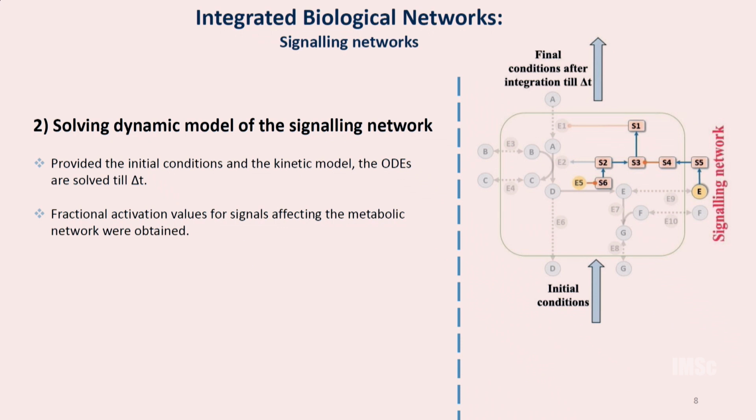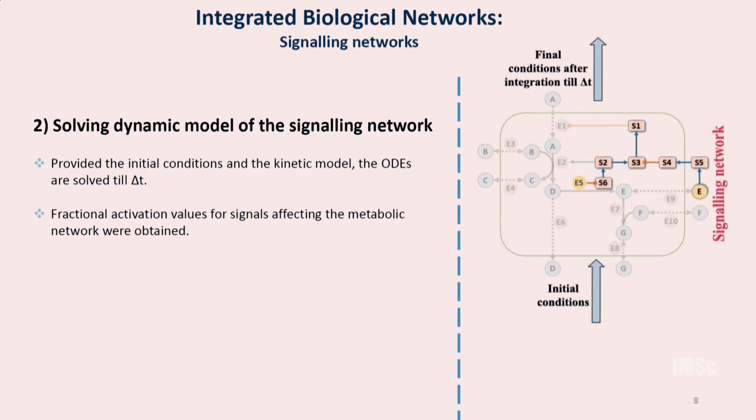If you have that idea, can we exploit it in this networking? Typically in signaling networks, we set up a set of ODEs and try to see the fractional activation of the particular signal, which is going to affect some metabolic processes.